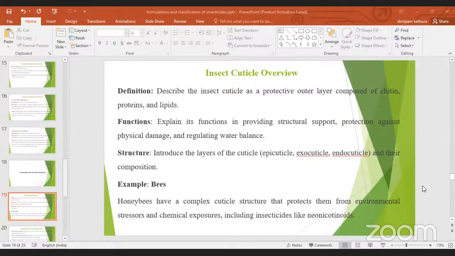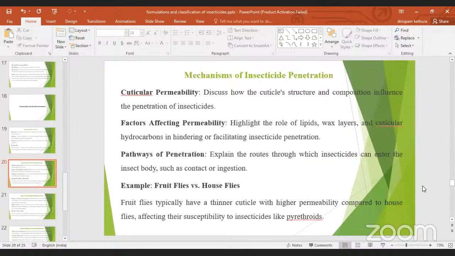Okay, because this is an example of insecticide. What is the mechanism of insecticide penetration? You could see the mechanism here: cuticular permeability. How this cuticle structure and composition influence the penetration of insecticides into the insects. All these things are to be studied in our later classes.